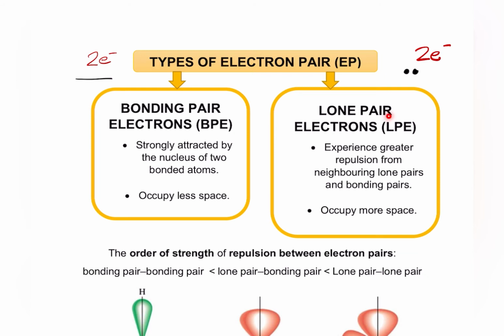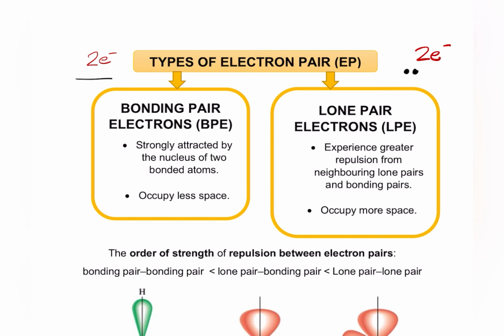Tapi, untuk lone pair dia experience greater repulsion from neighboring lone pairs and bonding pairs. So, maknanya daya tolakan untuk lone pair electrons lebih tinggi daripada bonding pair. Dan that's why lone pair electrons occupy more space compared to bonding pairs.